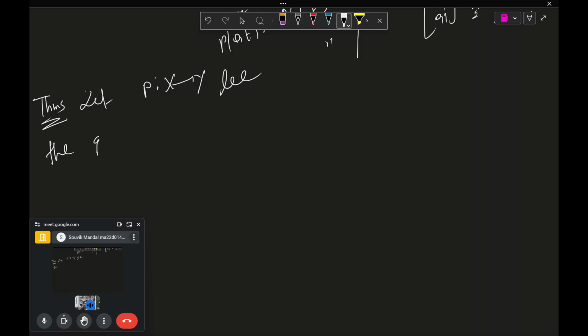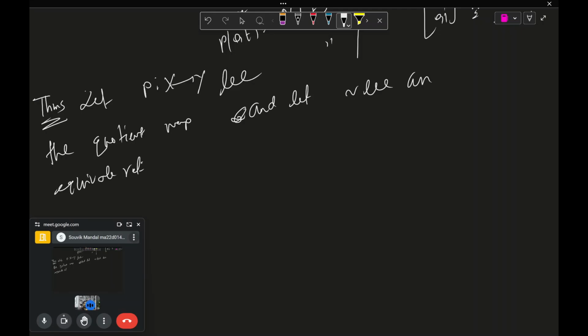Let P from X to Y be a quotient map, and let tilde be an equivalence relation on X such that x is related to y if and only if P(x) equals P(y).